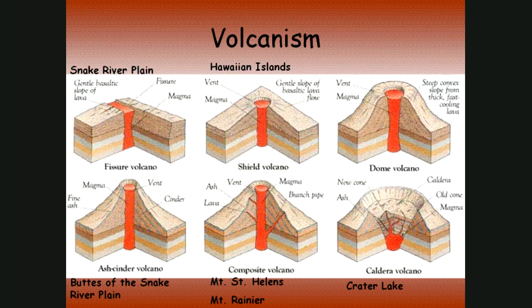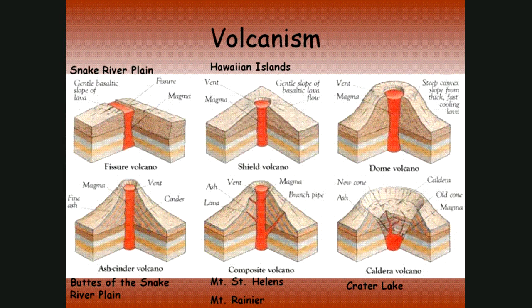We also have a combination type cone. It's built up from alternating explosions that spread ash and cinder and particulates. And then the next time, maybe it would be a fluid or even a viscous lava. And so you get layers. We call that a stratovolcano because it has strata, layers. Sometimes it's called a composite volcano. You find both terms used in geology.